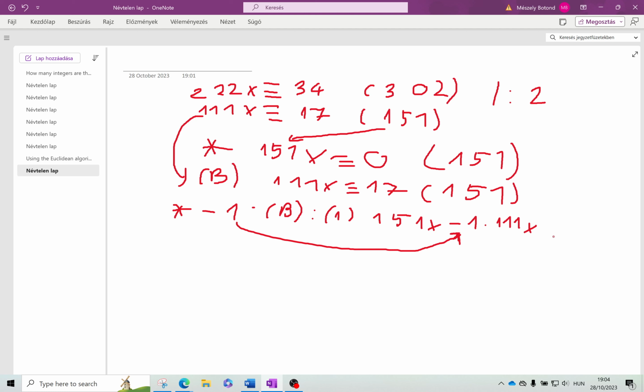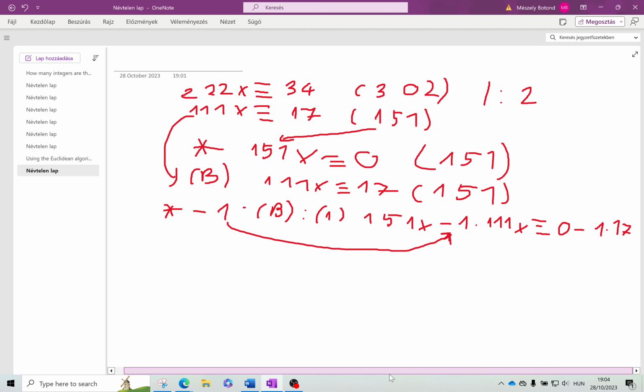111x congruent 0 minus 1 times 17, and the modulo 151 comes here. So from this we get the equation named 1.